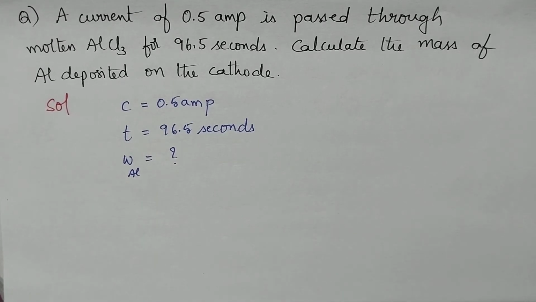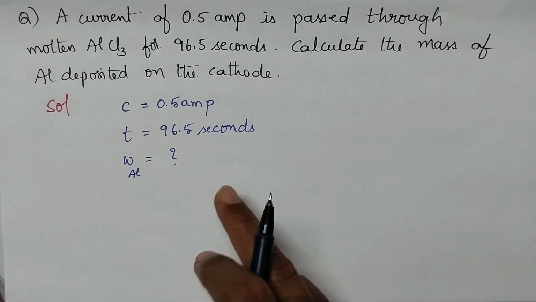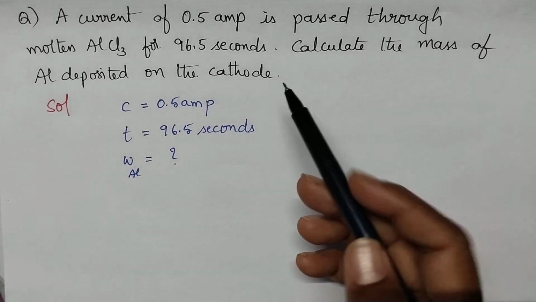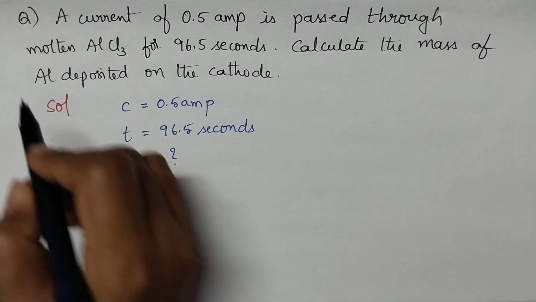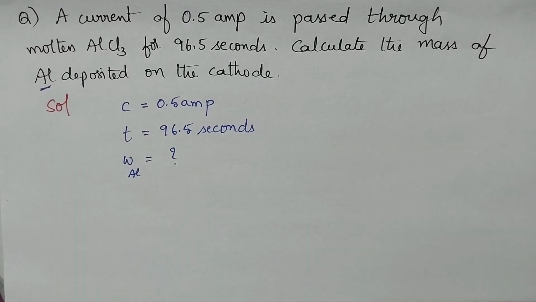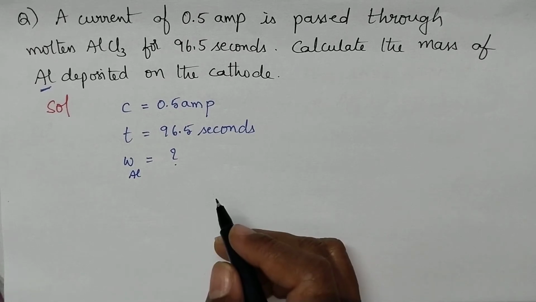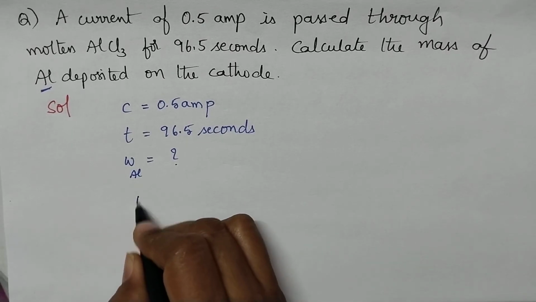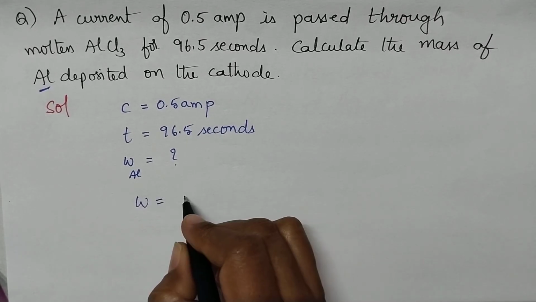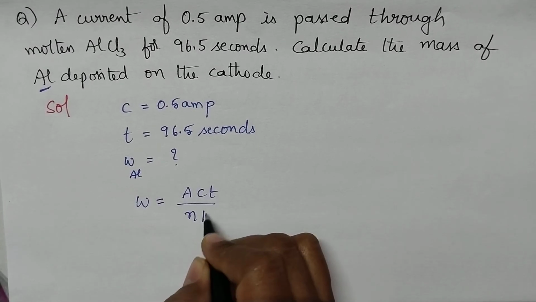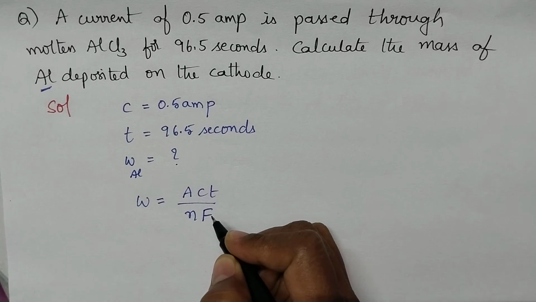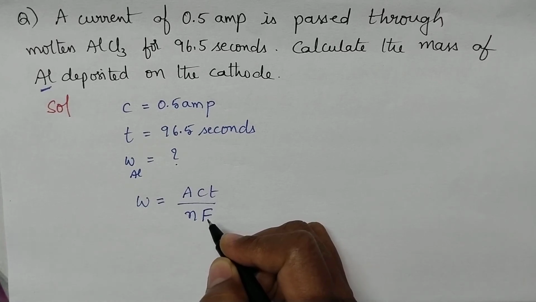According to Faraday's first law, W is equal to ECT. But here the electrochemical equivalent value is not given, but we know the element. So by using the expression, that is W is equal to ACT by NF, we can calculate the weight of the aluminum deposited.